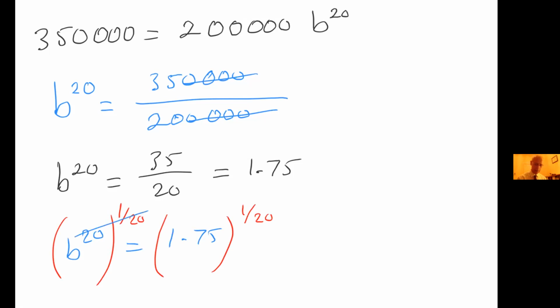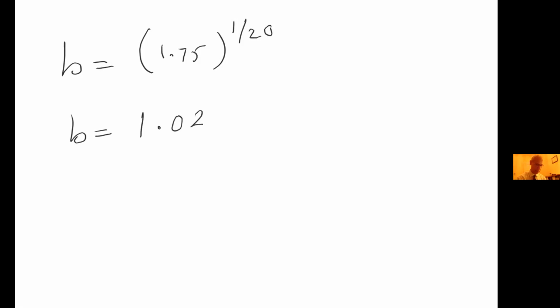So now I have b equals 1.75 to the power of 1 over 20. And b equals, plug that in my calculator. So 1.75 to the power of parentheses, 1 divided by 20. To 4 decimals, I have 1.0284.